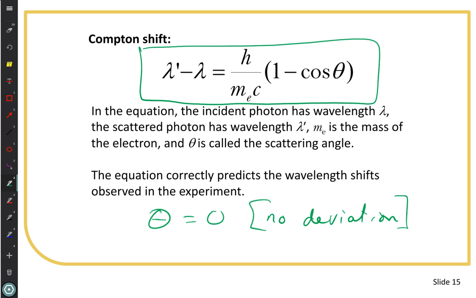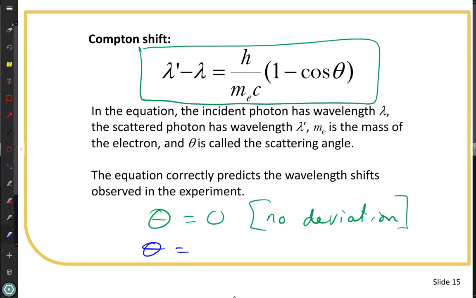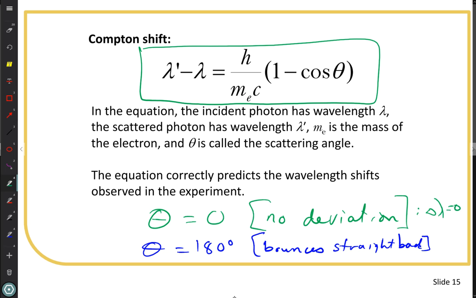For your maximum deviation, if theta is equal to 180 degrees, it bounces straight back. I should have finished out here. Change in wavelength equals 0 was what we found.